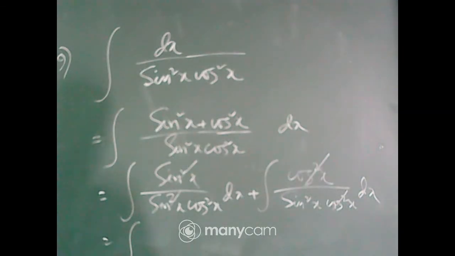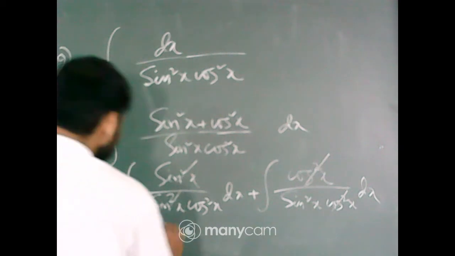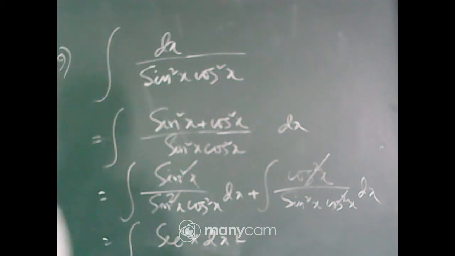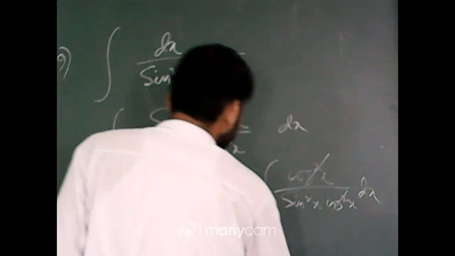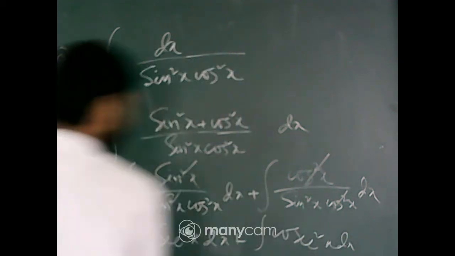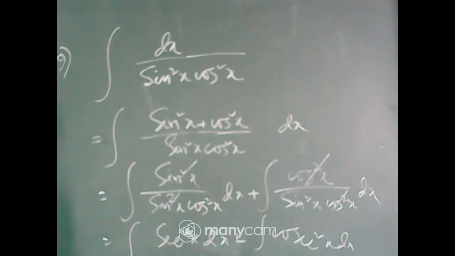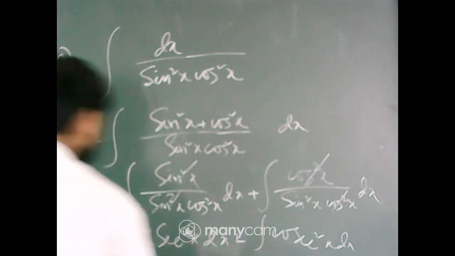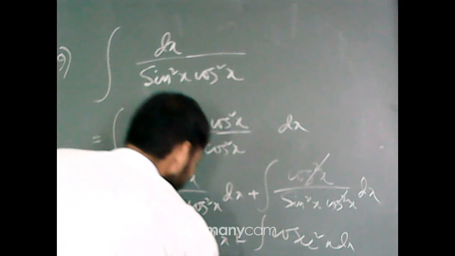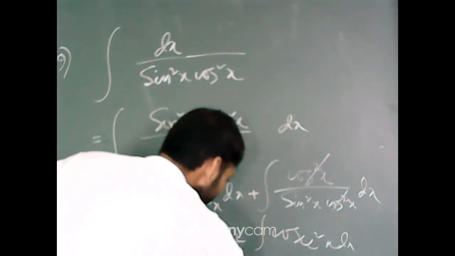So it will be integration sec square x dx plus, tell me the answer, cosec square x dx. Guess the answer. I am asking all of you. So it will be tan x minus cot x plus c.